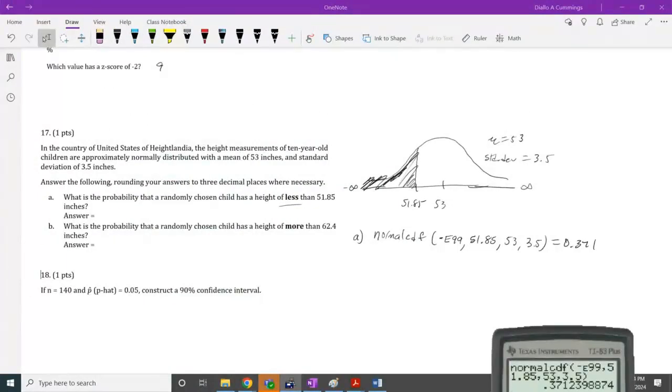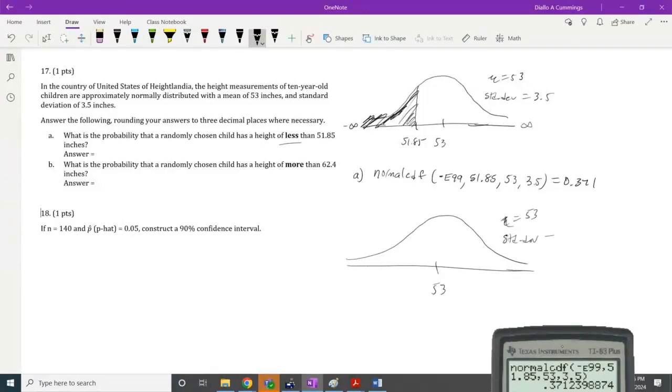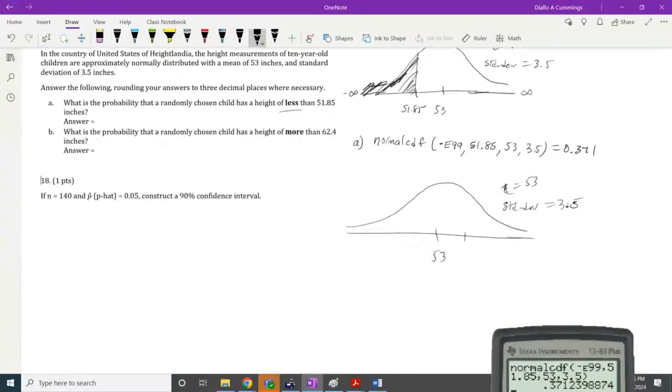And for B, it says, what is the probability, so again, area is probability, that a randomly chosen child has a height more than 62.4. So if I were to map that out, 53 is the mean. Standard deviation is 3.5. 62.4, I'm going to guesstimate about here.